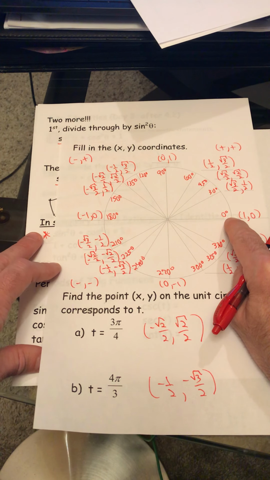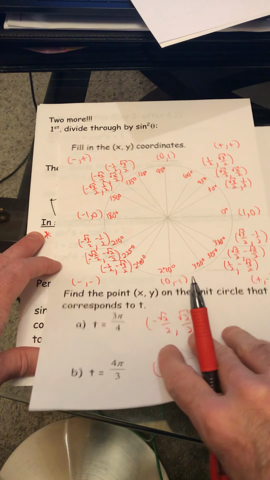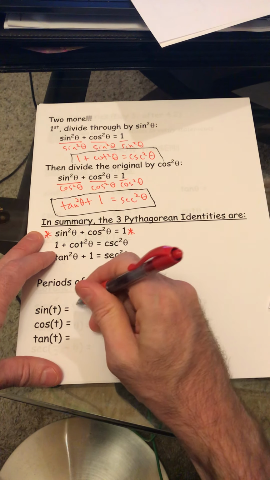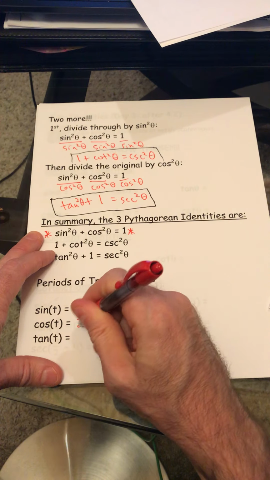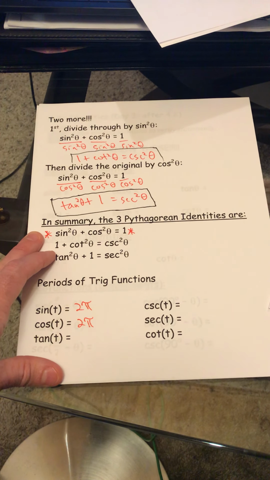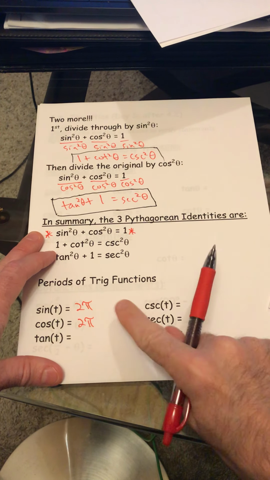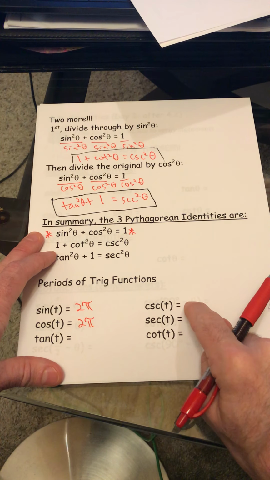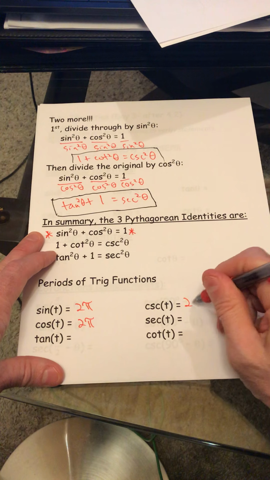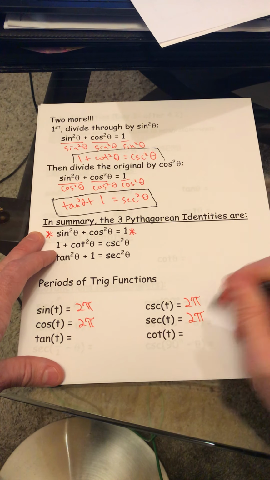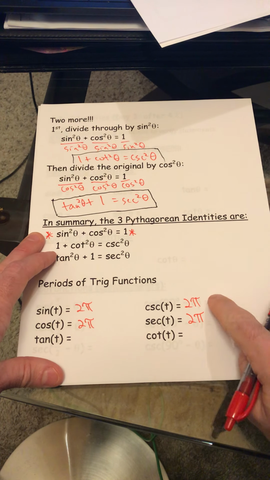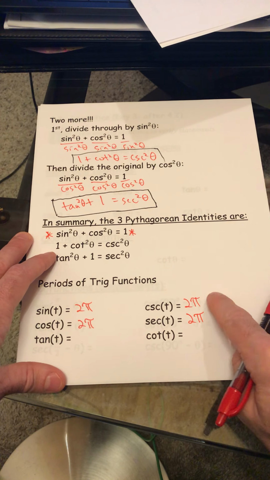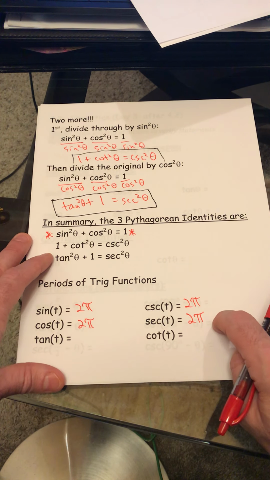Eventually, when we graph these, you'll even see that they are wave functions. So, the period of both sine and cosine, because again, you need a full revolution around the circle, they're both 2 pi. Now, their reciprocals, cosecant and secant, also are periodic functions of 2 pi. We'll look at these graphs in 4.6, so even further down the road.